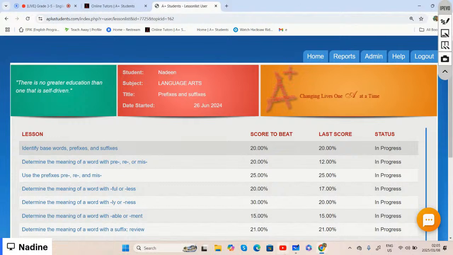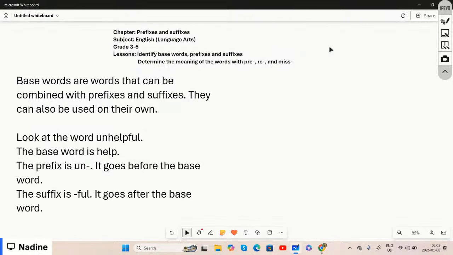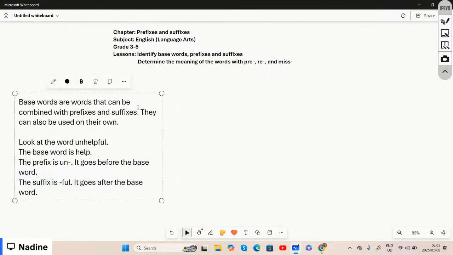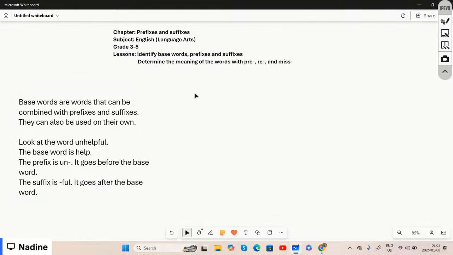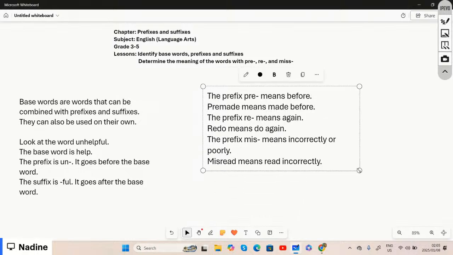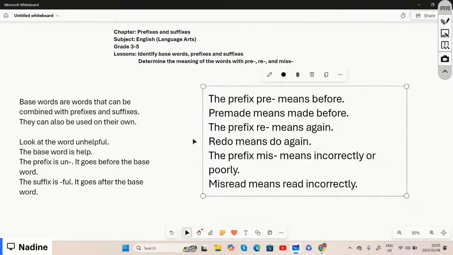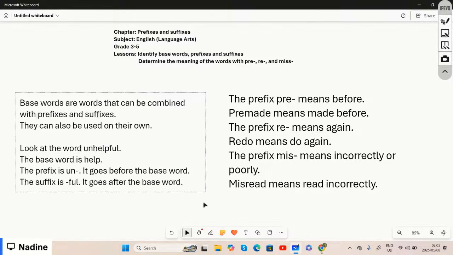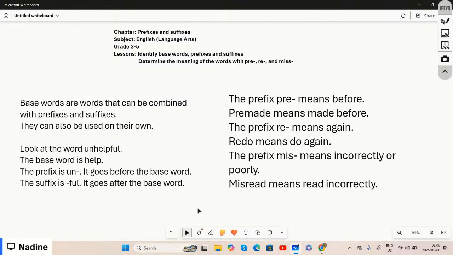All right. So our chapter is prefixes and suffixes. Our subject is English language arts. We're doing grade 3 to 5.